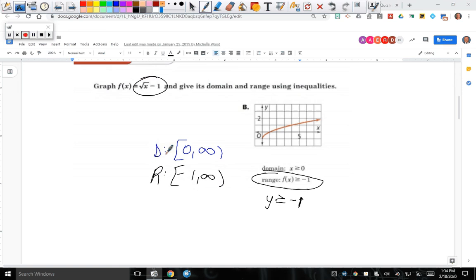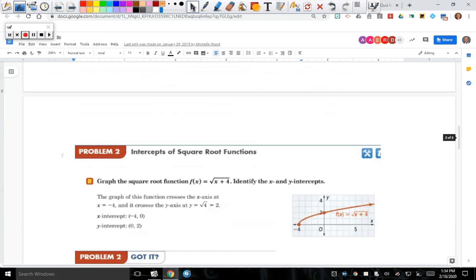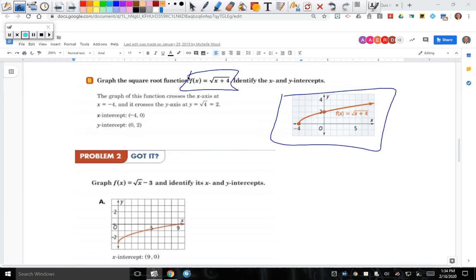Alright, so now let's go to a little bit more involved. Gina, what's the transformation that you see? It's horizontally shifting 4 to the left. Okay, 4 to the left. So if I were to ask you, without using a graph, just looking at this, how could you tell me what the domain is?